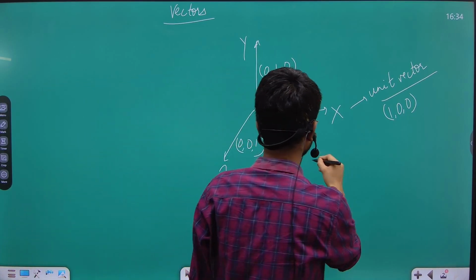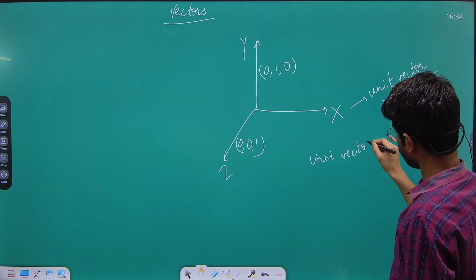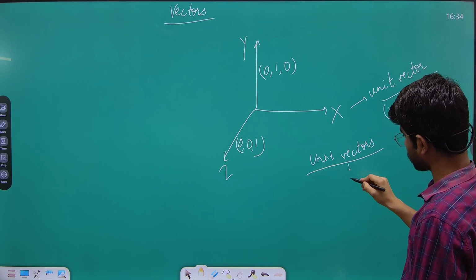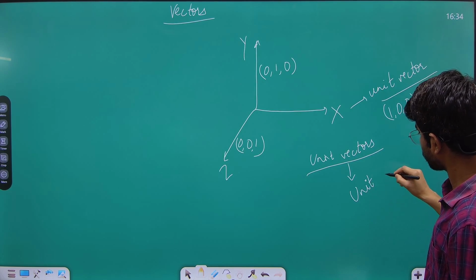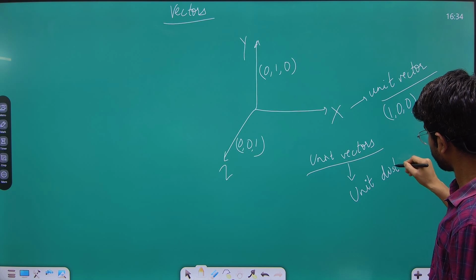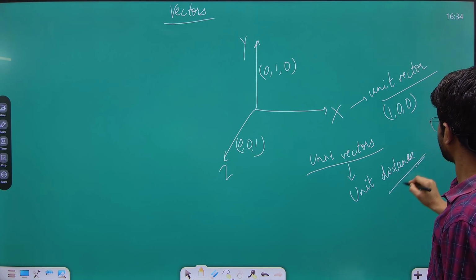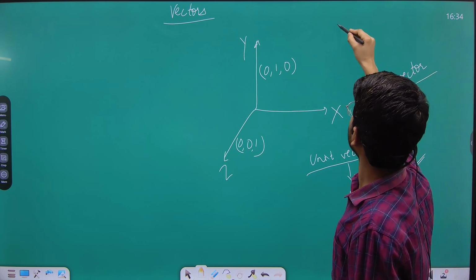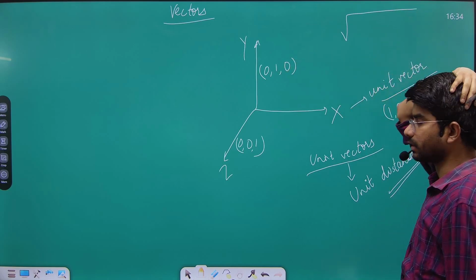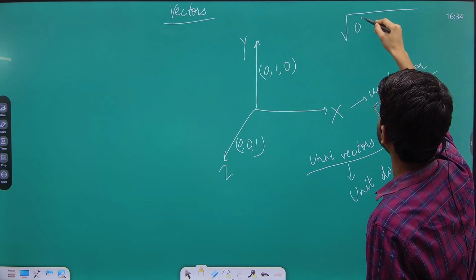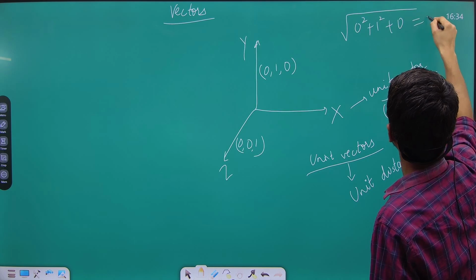We are talking here about the unit vectors. Okay? So the unit vectors have unit distance. That means their length is one. If you take the square root of the sum of the squares of the coordinates, you will have 0 square plus 1 square plus 0 square, that would be 1.